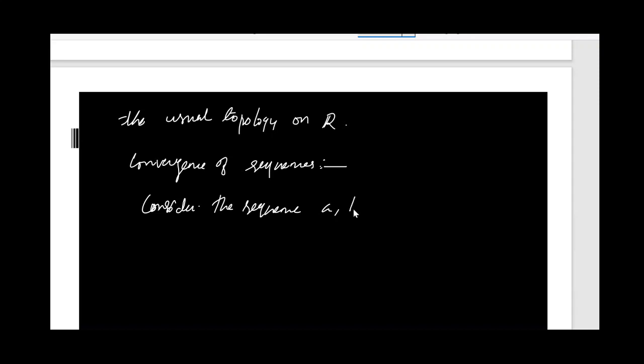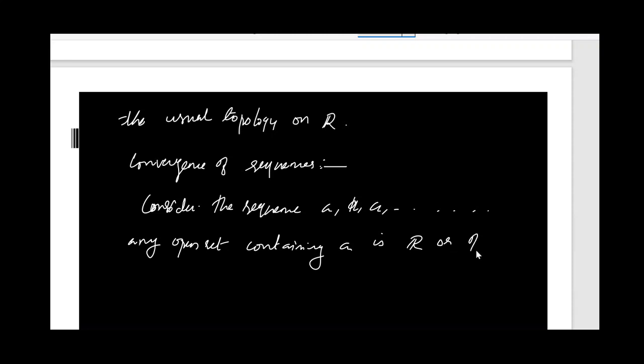some eventually constant one. So it is A, etc. Any open set containing A is R or of the form (A minus r, infinity).